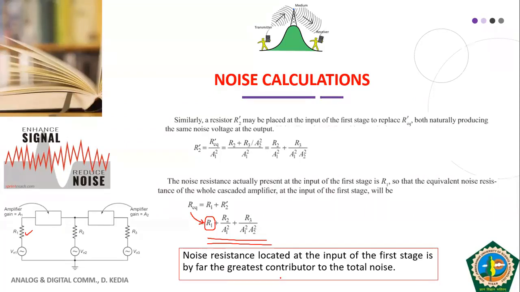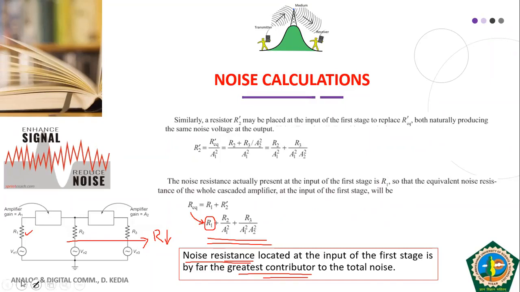The resistance present at the input stage is the greatest contributor. As you move to the subsequent stages of the cascaded amplifier, the impact of those resistances in terms of noise goes on decreasing. So this thing you need to remember, that noise resistance at the input of the first stage is the greatest contributor to the total noise.